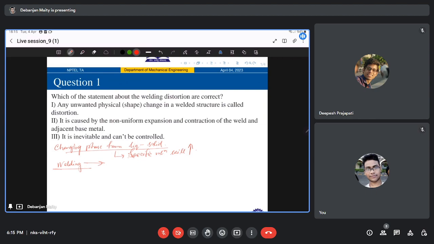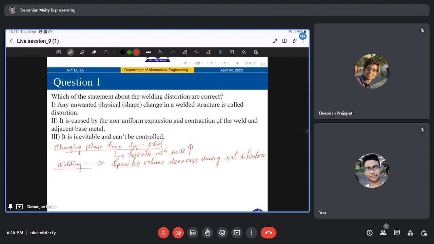Whenever your metal is solidifying after having been molten, its specific volume will decrease, right?